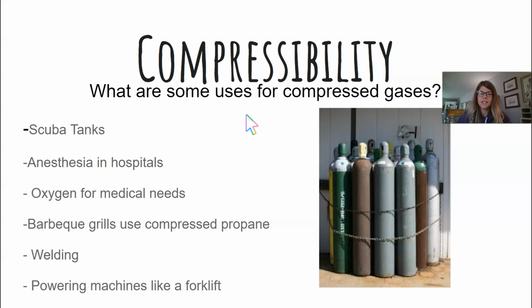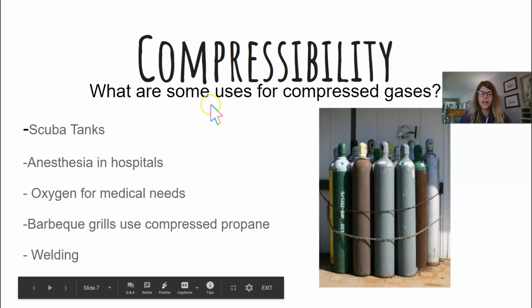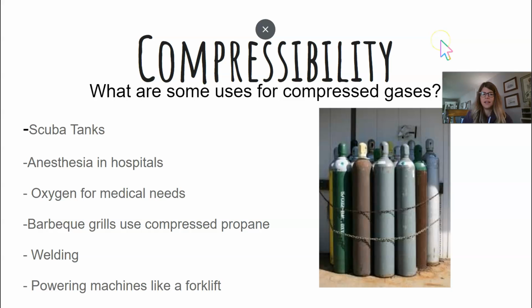So anesthesia in a hospital, oxygen for medical needs. When we use our barbecue grill, then we use a propane tank. That's compressed propane. Okay? In welding and powering machines like a forklift. So these are just some of the practical uses for compressed gases.